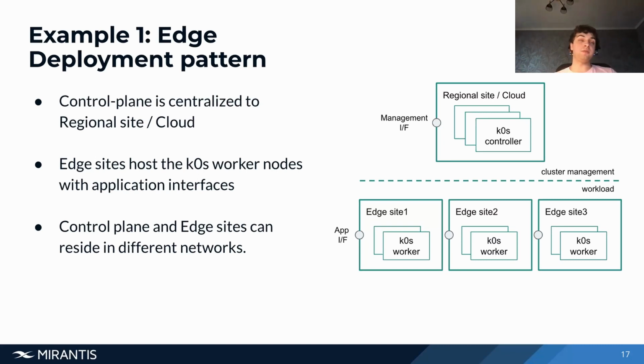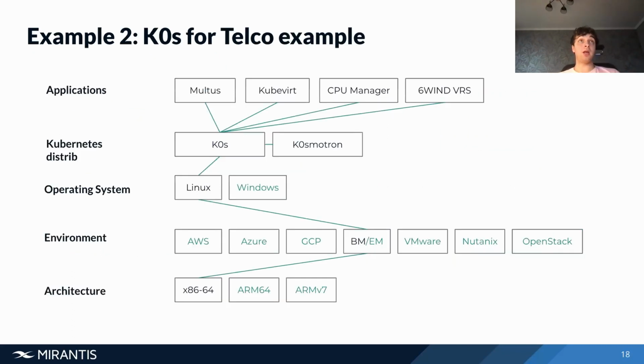Yeah, and also you can use different networks, but obviously you need to have a connection between the sites and the control plane. And for telco, for example, there's an example on the slide. You can have x86 architecture, bare metal machines, Linux, and you can install k0s on top of that stack.